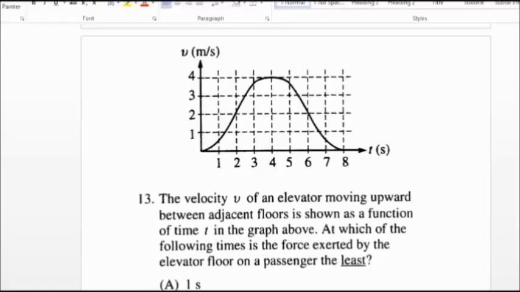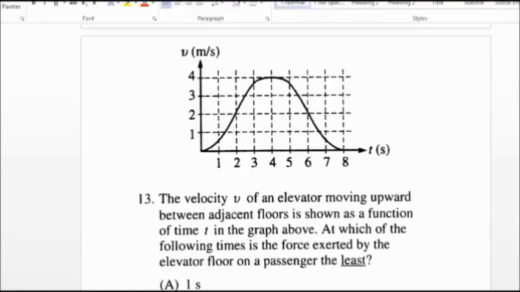And when the force exerted by the floor is the least, the downward acceleration is maximum. The decrease in velocity is maximum when the force exerted by the floor is the least. So we have to take the gradient of the curve v versus t.